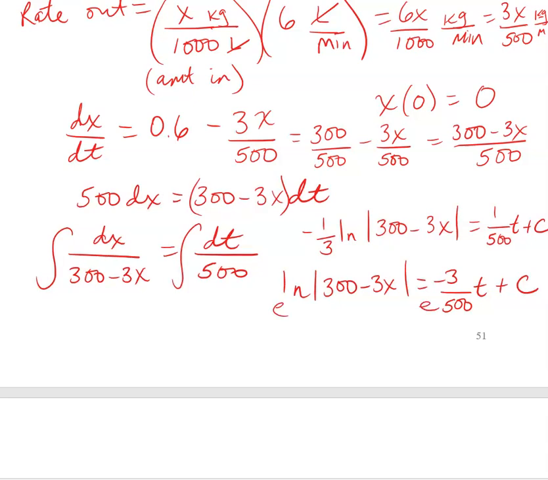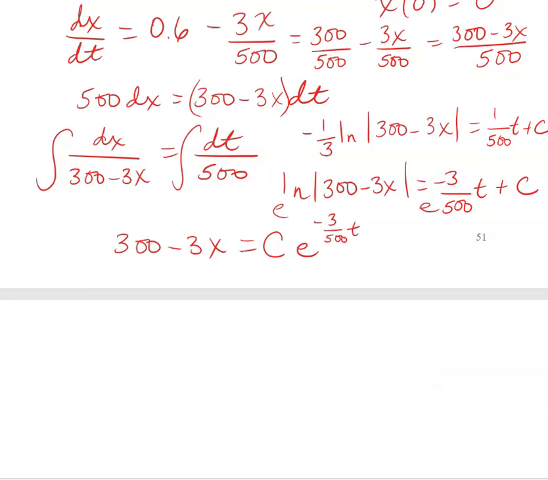Exponentiate everything, and I wind up with 300 minus 3x equals c e to the -3 over 500 t. And then if we put in our initial condition of 0, 0, 300 minus 0 equals c e to the 0 power. e to the 0 is 1, of course, so c equals 300.